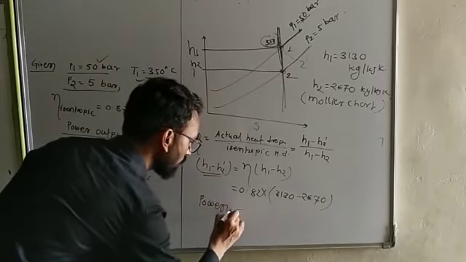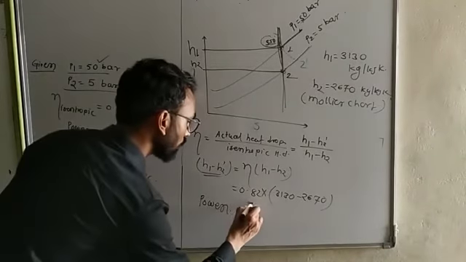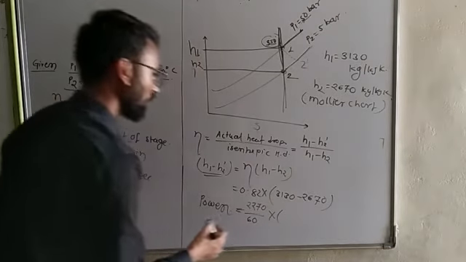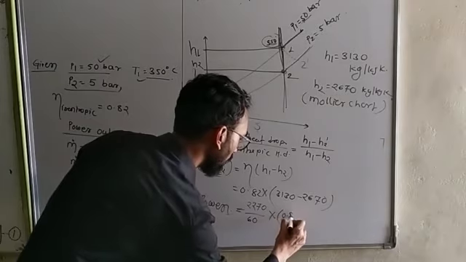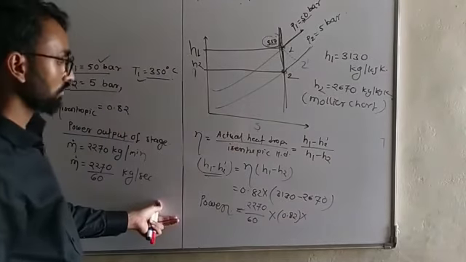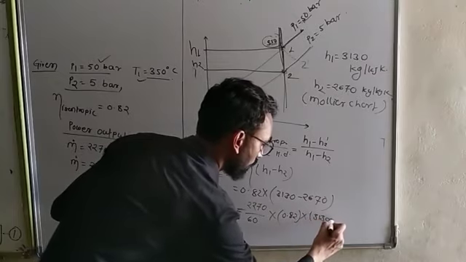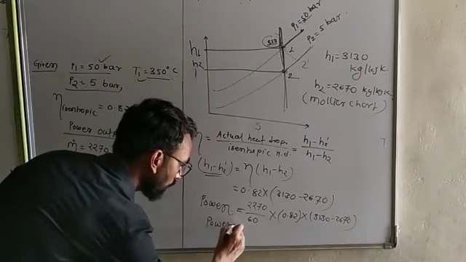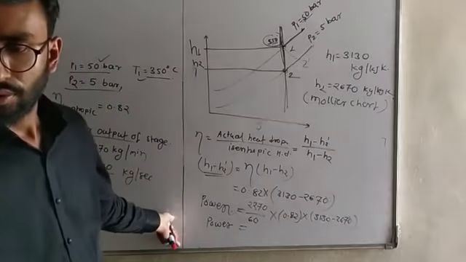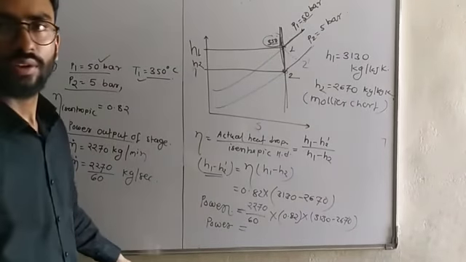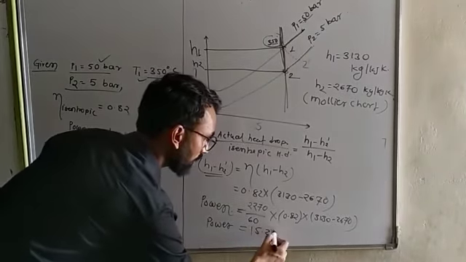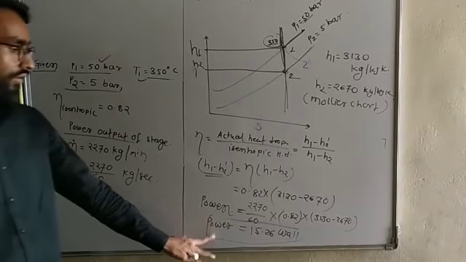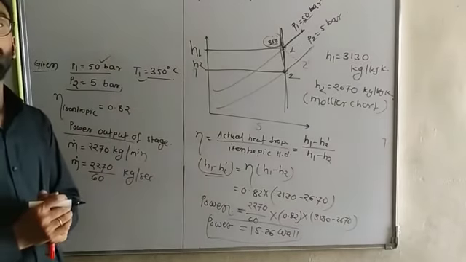Power output is equal to 2270 divided by 60 into 0.82 into 3130 minus 2670. Now the exact power output is 15 point something megawatt. This is the actual answer of this question. Okay, thank you.